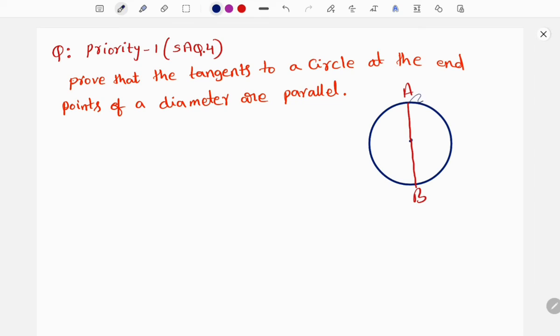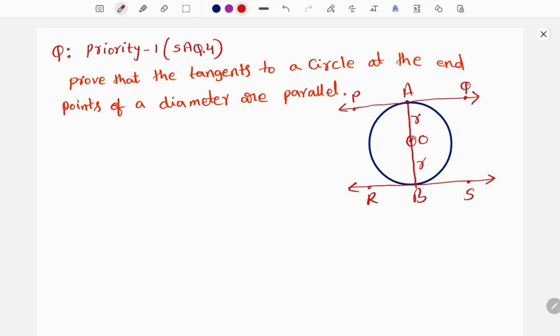From A we can draw only one tangent. Suppose we name it PQ. At B we can draw another tangent. Suppose we name it RS. The center of the circle is O, and OA and OB are radii.